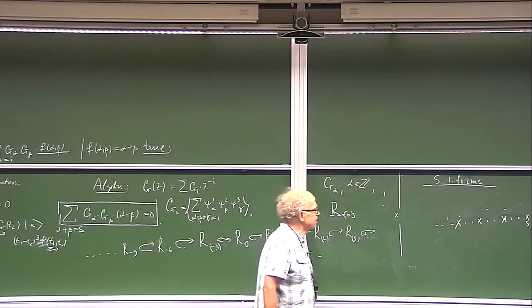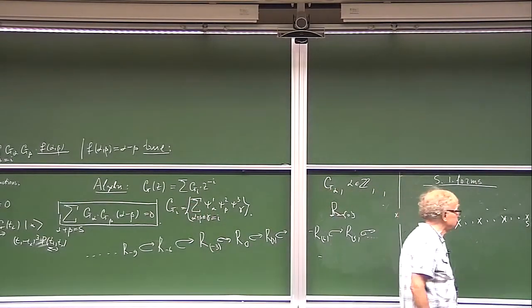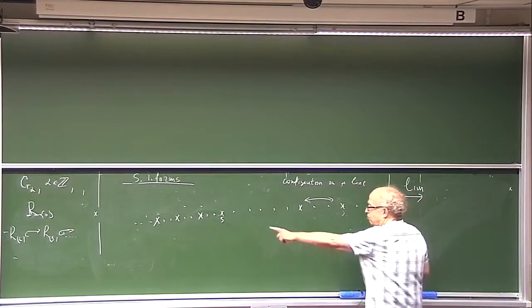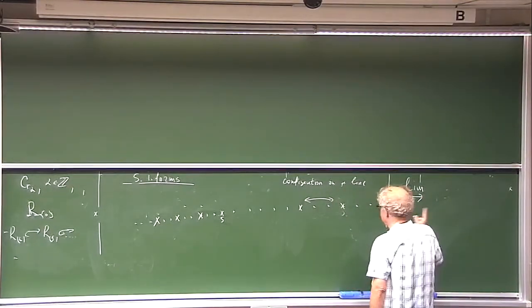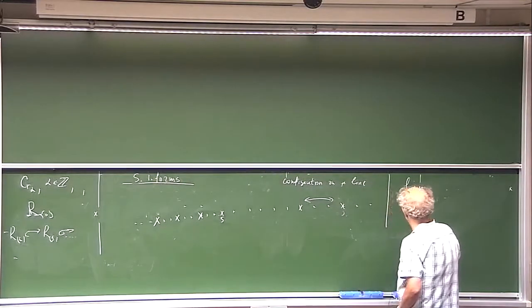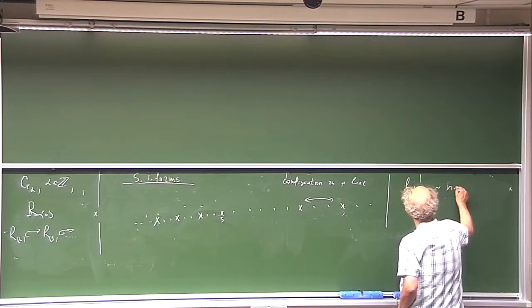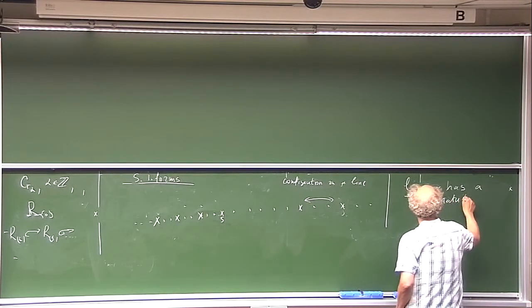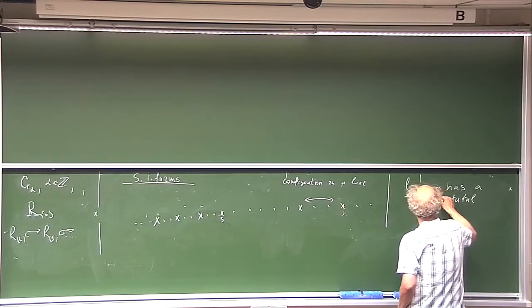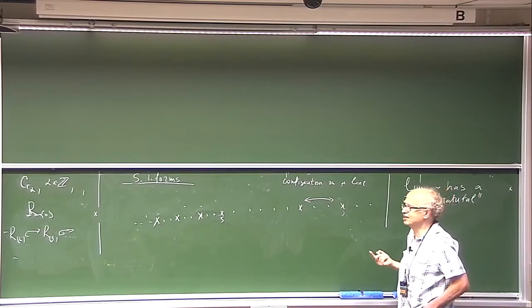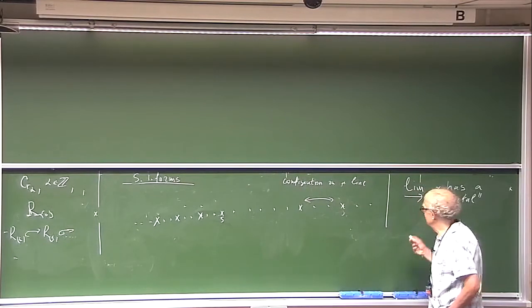This something is a limit of what we had here in this direction. And the statement is that this limit has a natural, no, natural is surely not the exact word, but really it is natural. It is a natural basis.